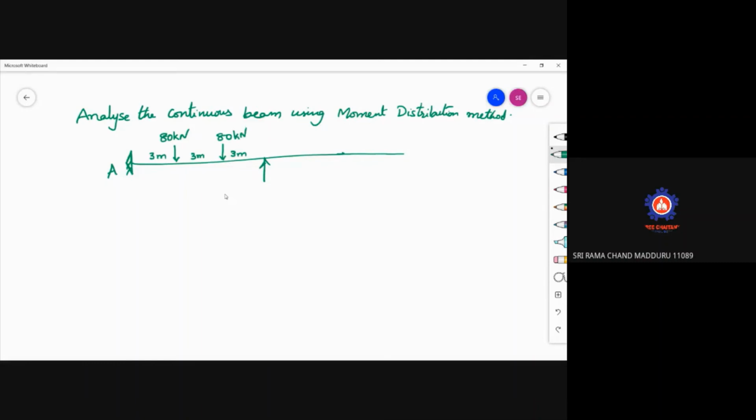This is support B, and this is support C. 12 meters is the span here, and this is 9 meters. Here the moment of inertia is I, and here the moment of inertia is 2I. And this is loaded with a UDL of 12 kilonewton per meter.